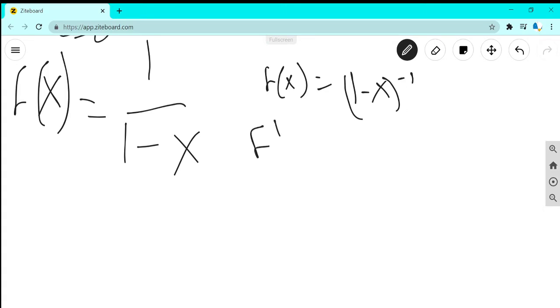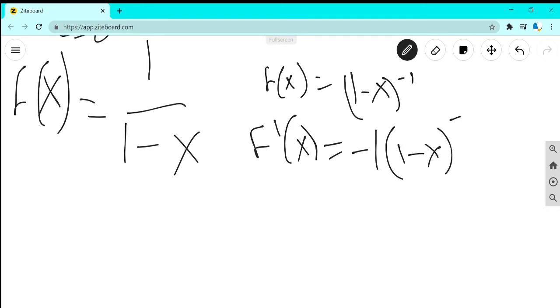And we need to find f prime of x. Now remember, the chain rule applies here. The chain rule would be basically doing the regular derivative rules, subtracting 1 from the exponent and multiplying that there. But then remember, the derivative of the inside is negative 1, so you multiply by that as well. So negative 1 times negative 1 is just 1. So that can be taken out.